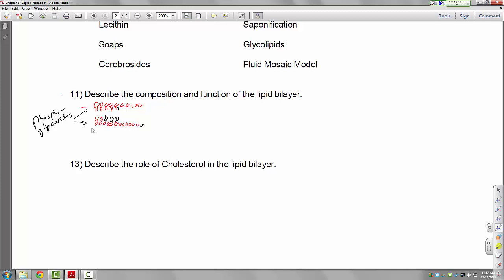We have the water-loving polar head groups on the outside, right? The hydrophobic tails on the inside here. This separates the outside of the cell from the inside of the cell. But we could also have proteins in here. I can use a different color for protein.